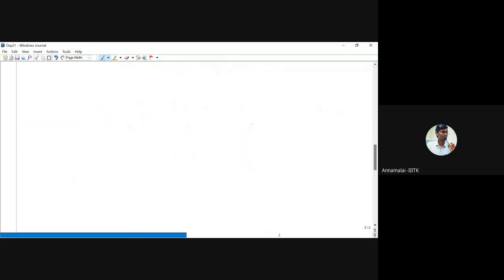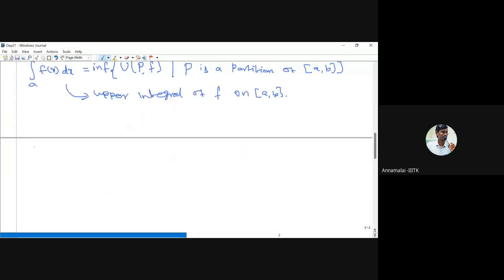So now we state the definition. f is integrable on the interval [a, b] if and only if the lower integral and upper integral are equal, that is, the lower integral of f(x) dx equals the upper integral of f(x) dx.